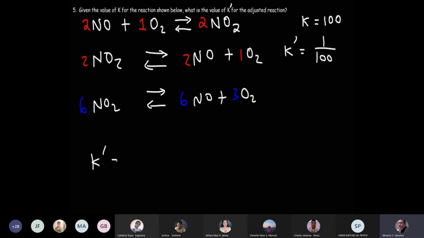So we know K prime is going to be 1 over K. And if we compare the coefficients, we've multiplied the reaction by 3. Whatever you multiply the reaction by, you need to raise K to that exponent. Since we multiplied it by 3, we're going to raise it to the third power. So K prime is going to be 1 over K cubed.